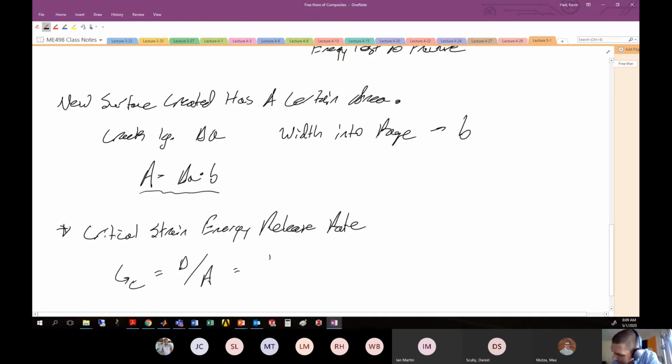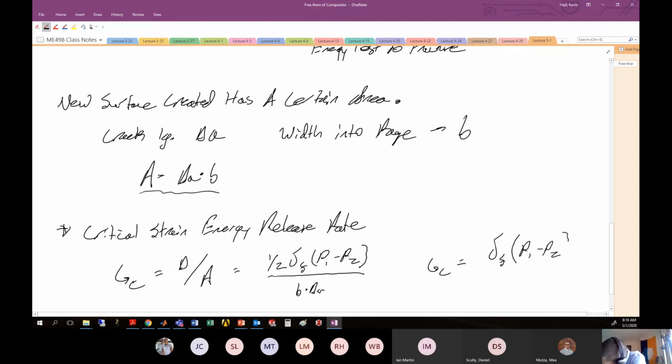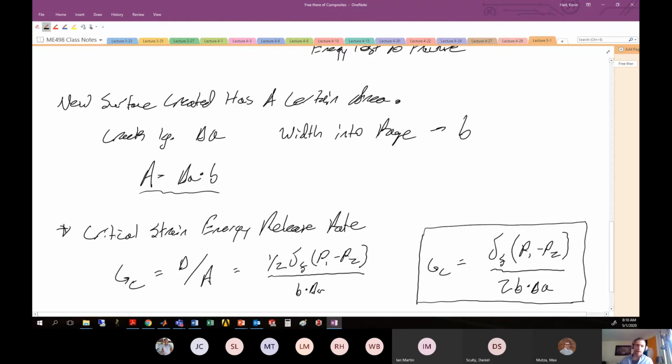All right, so here we know that D is 1/2 delta F P1 minus P2, and the area that was opened is B times delta A. So in short, the energy required to open a crack, one little crack that is propagated, is going to be equal to delta F P1 minus P2 on 2 B times delta A. Okay, so there you go.